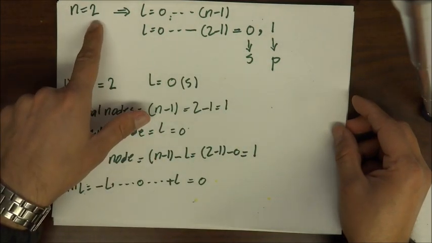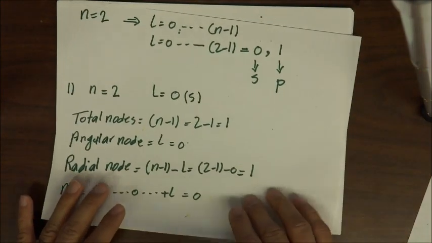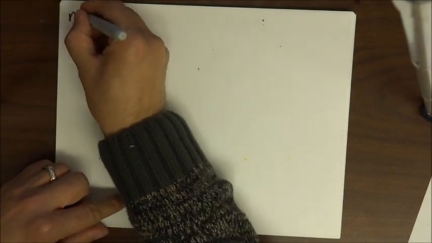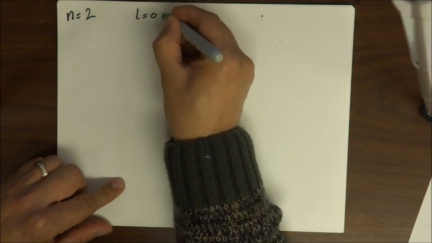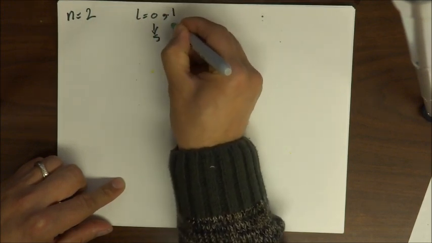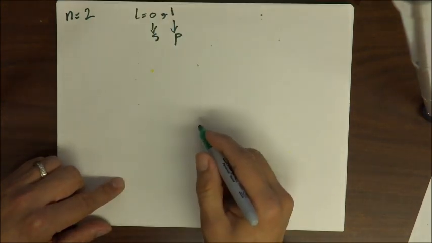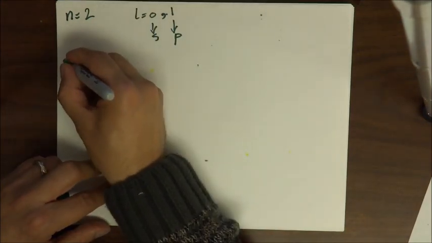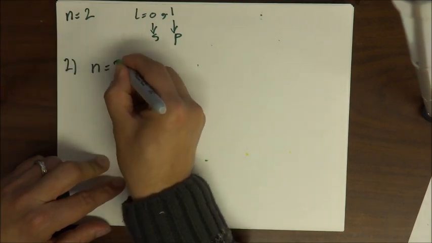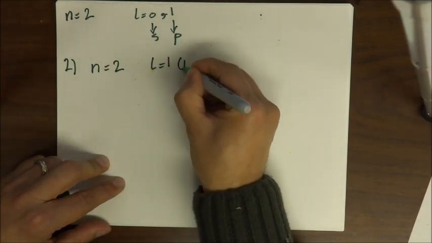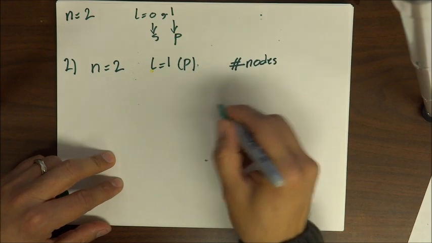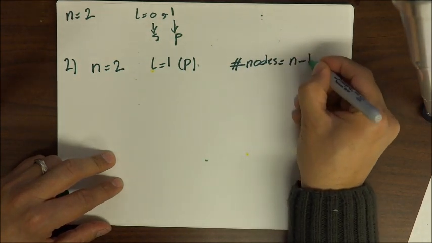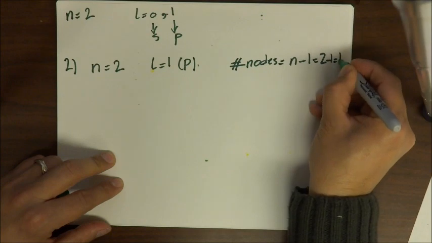Now I go through the 2p orbital. n equals 2, L we got 0 and 1. That's it, S and P. We did the work for S, so case 2 will be n equals 2, L equals 1, which is a P orbital. And total node will be equal to n minus 1: 2 minus 1, 1 node.